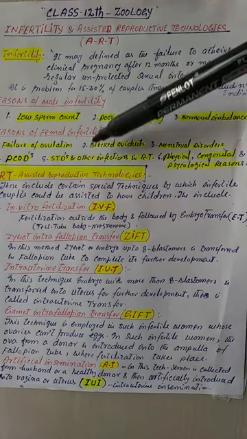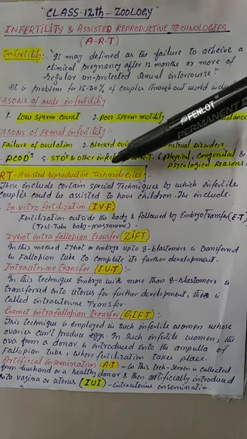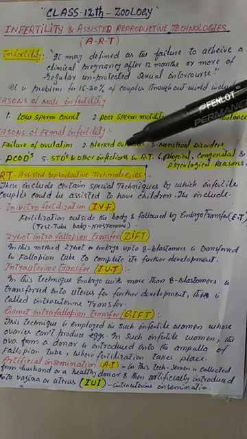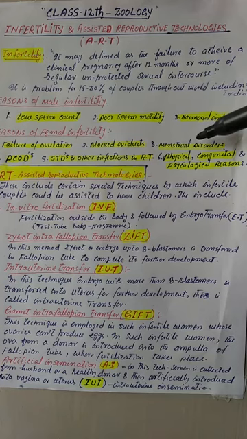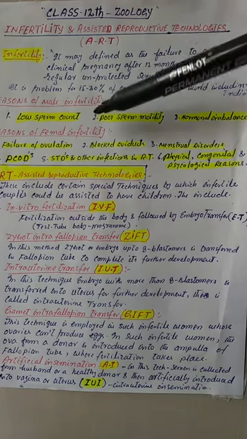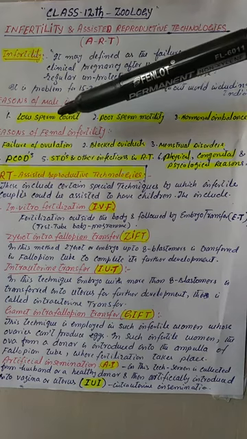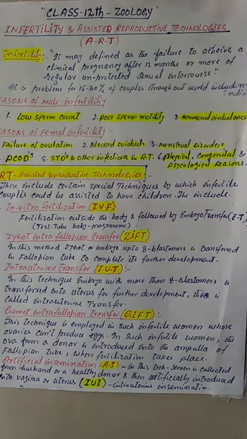they include: number 1, failure of ovulation, blocked or occluded oviducts, menstrual disorders, and the most common reason for female infertility, polycystic ovarian disorder, abbreviated as PCOD.